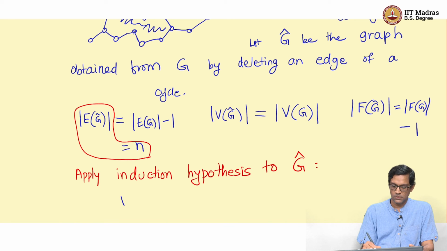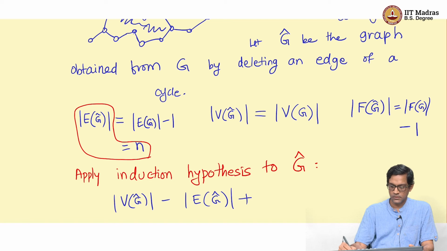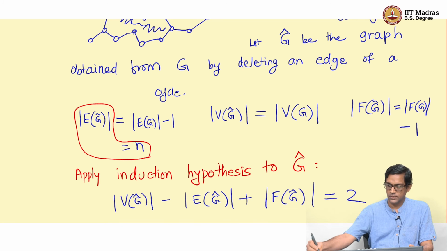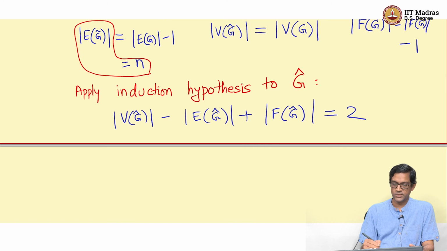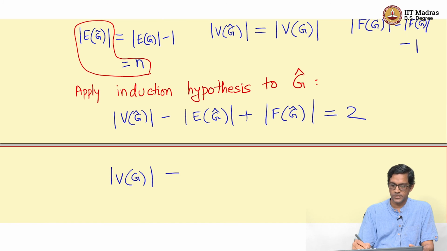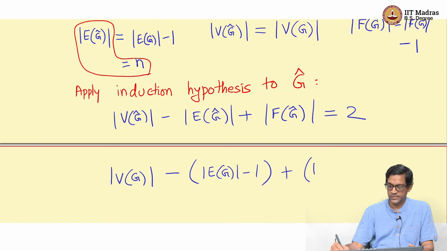Now conclude that the number of vertices minus edges plus faces is 2, but this is the same as the number of vertices of G minus 1 less edge plus 1 less face.